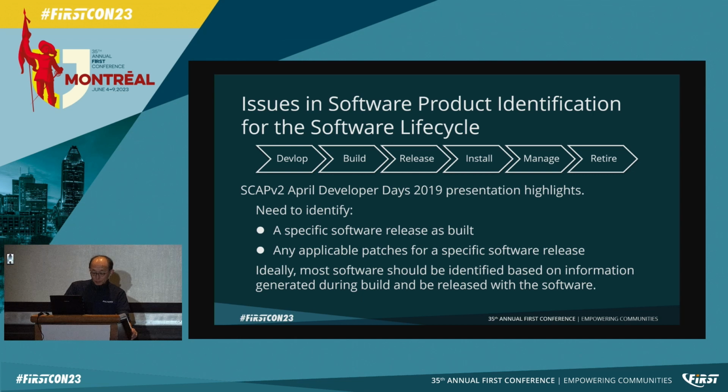This includes capturing and tracking essential details such as version number, build date, and other relevant metadata. Another challenge is the identification of applicable patches for the specific software release.